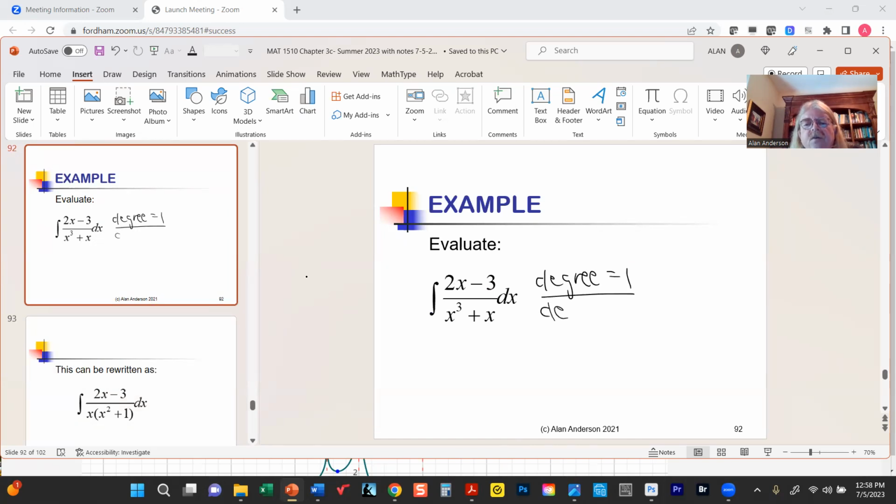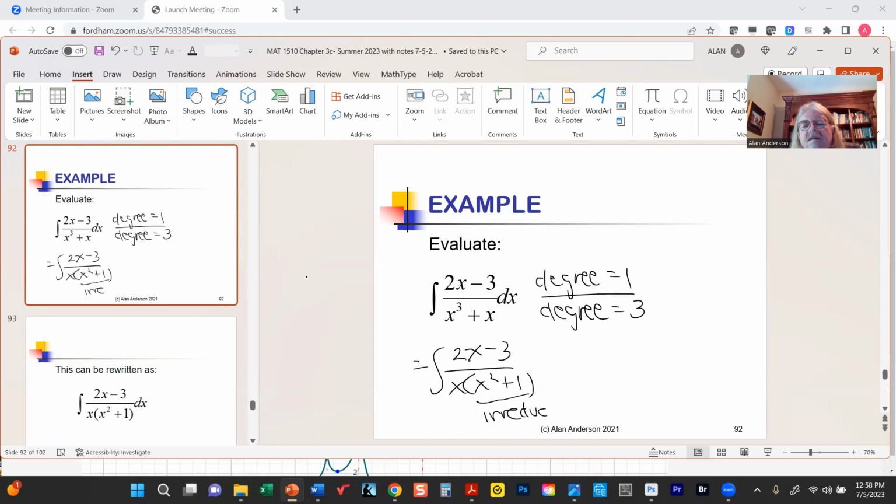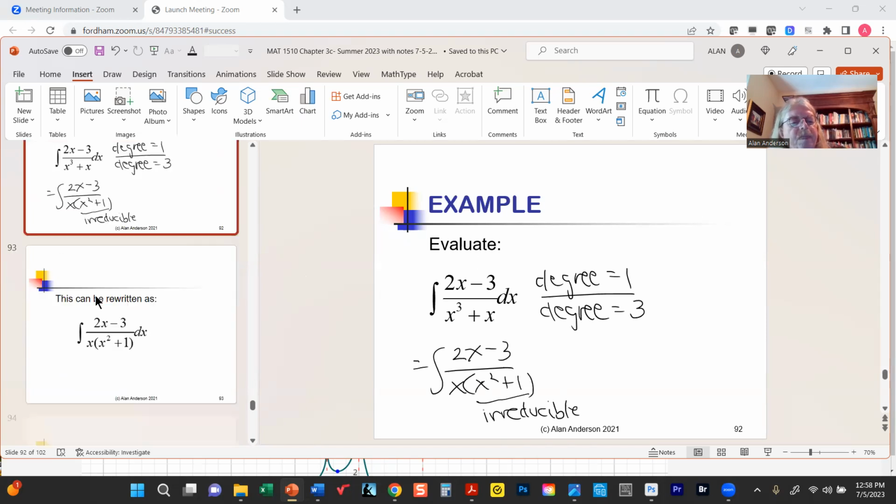We have to make sure the degree of the numerator is strictly smaller than the denominator before we proceed. Otherwise, we have to do division. So we don't have a problem with that here, but what we can do is rewrite this as 2x minus 3 times x squared plus 1. You can see irreducible. Okay, what do we do?